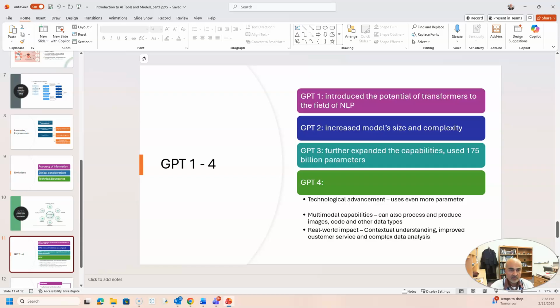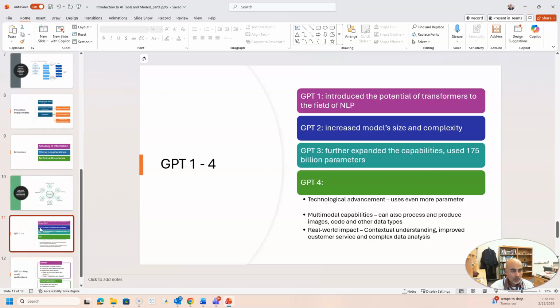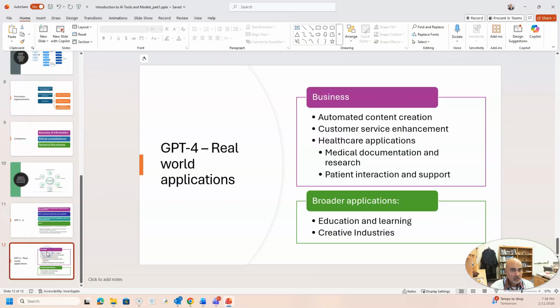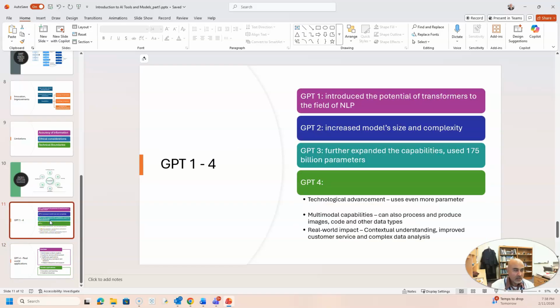The current version of GPT really stands out because it represents the culmination of years of research, development and deployment with the GPT series.